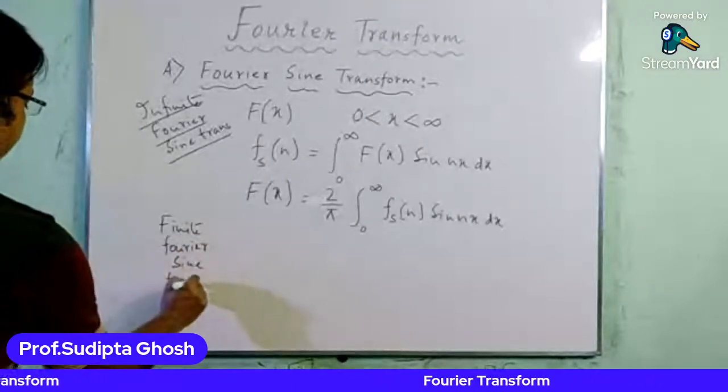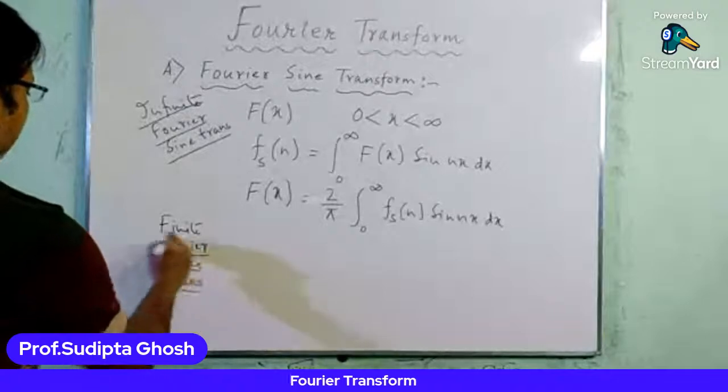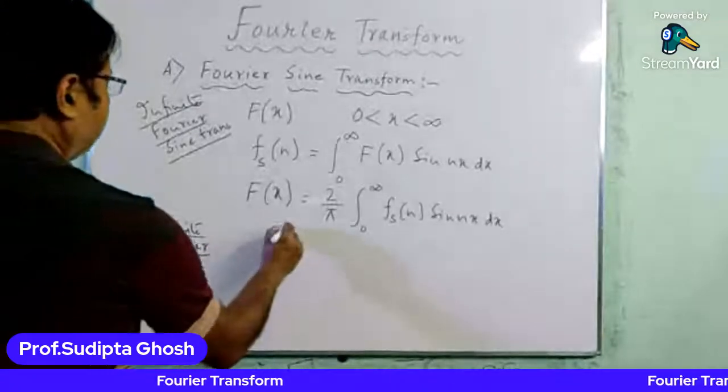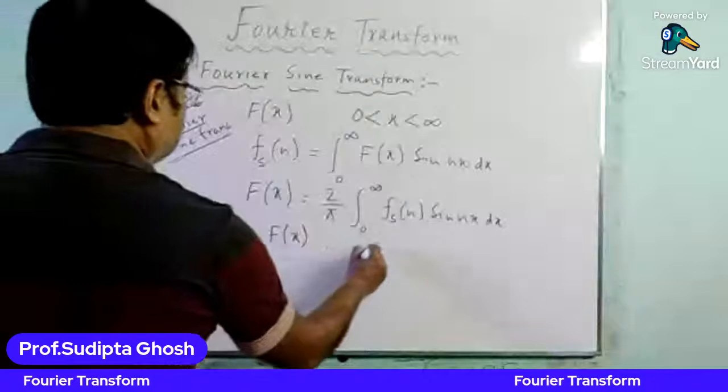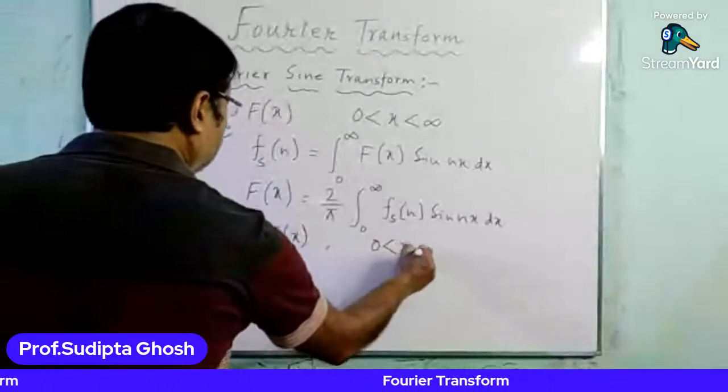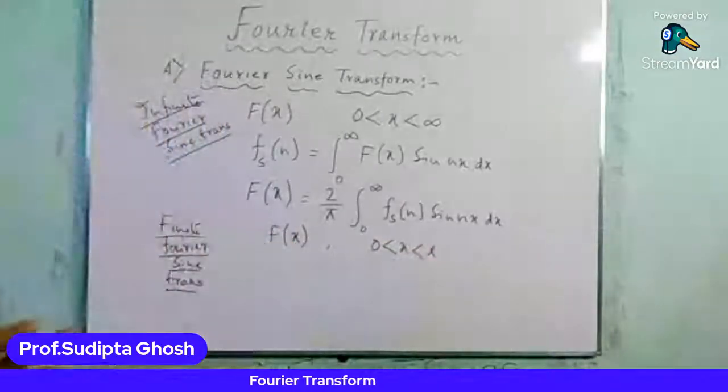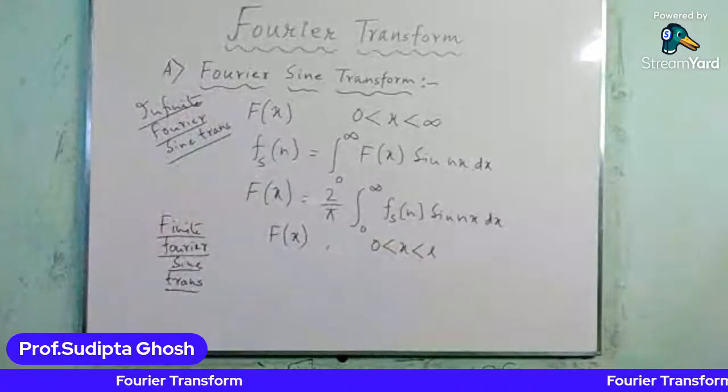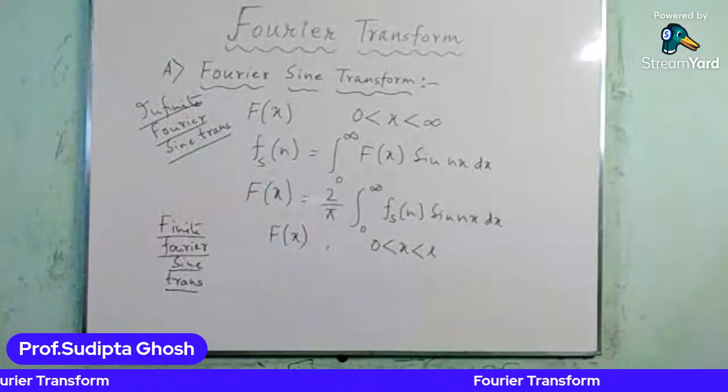Here the function f of x is given in such a manner that x lies between 0 to L. So there is a finite range of values within which x lies.